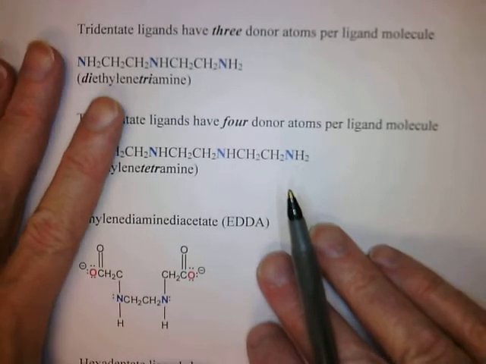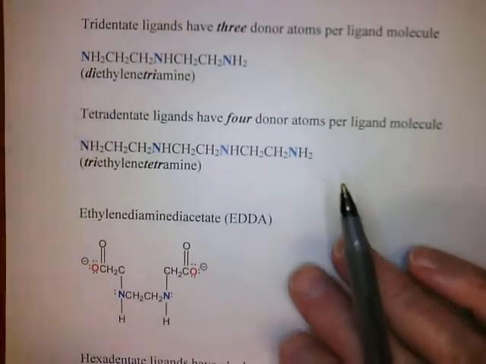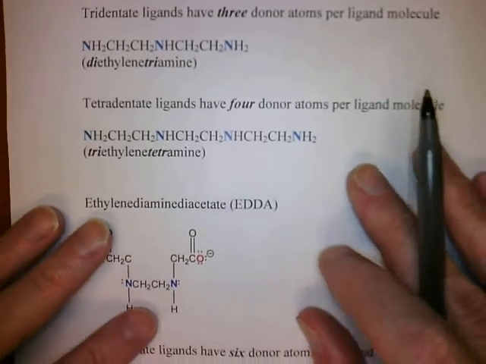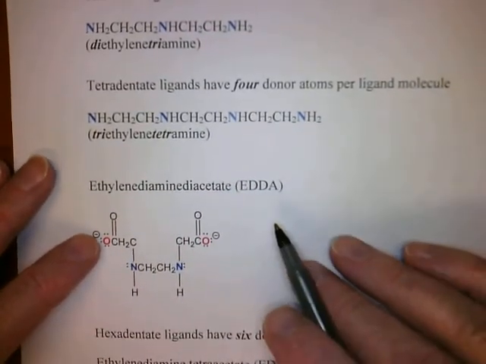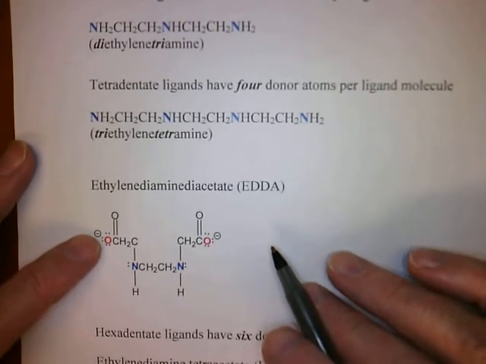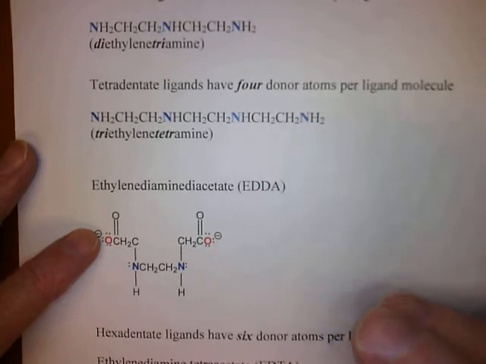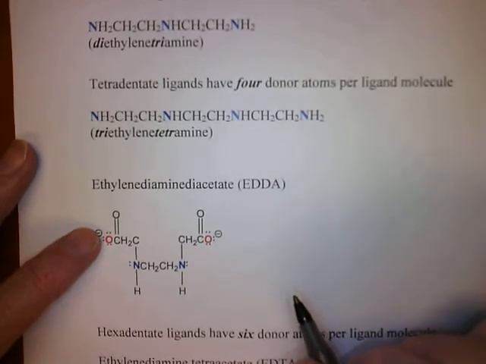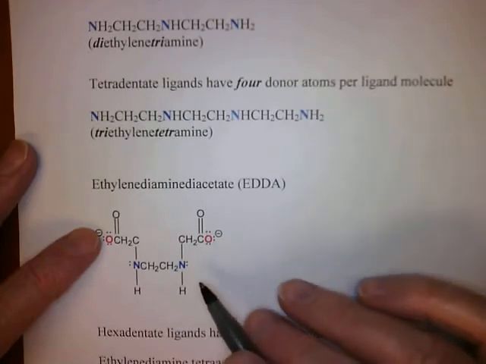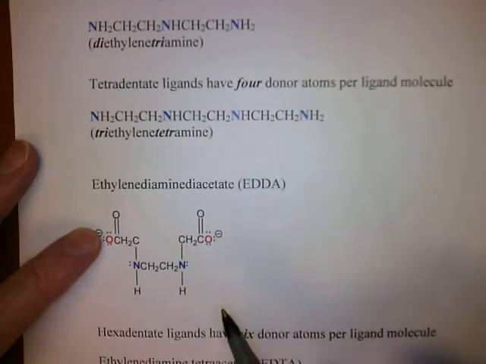Now, another class of ligands, and I think that you need to know about them, comes about by, instead of having all nitrogen donors, grafting acetate groups onto an ethylene diamine. So we take off one of the hydrogens on the ethylene diamine and replace it with an acetate group, right?